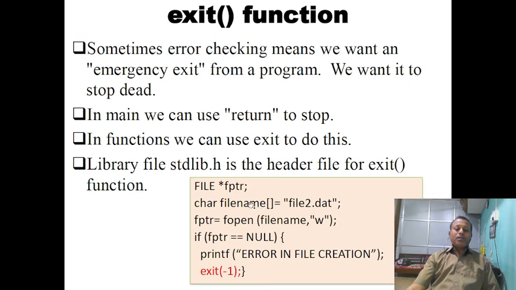Consider FILE star fptr as the file pointer, and filename as a character array where we store the file name. fptr is initialized with fopen, which has two parameters: the file name, comma, and the operation on the file, here w, that is write mode.